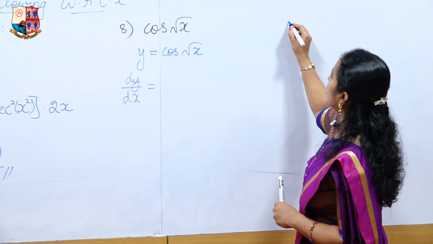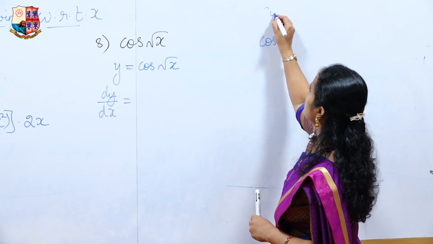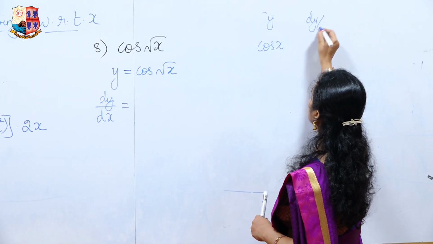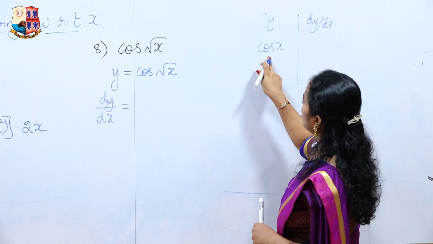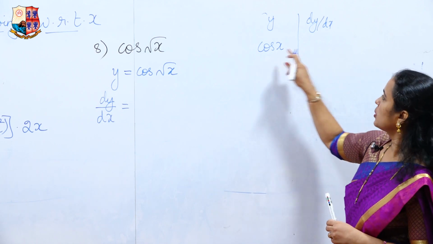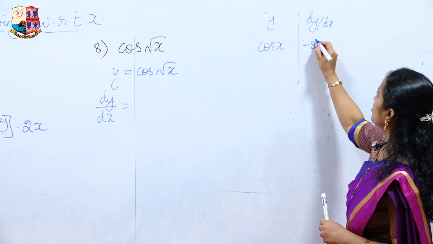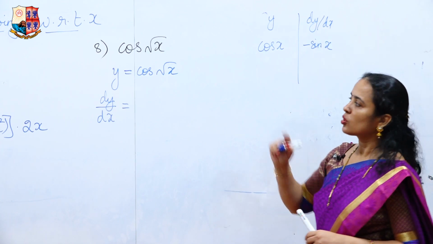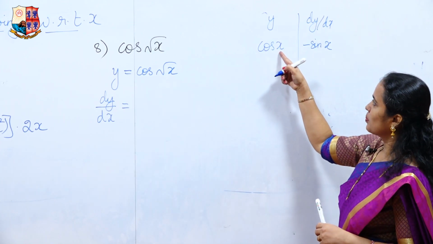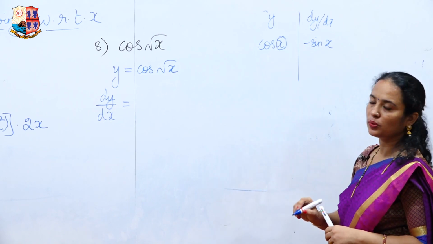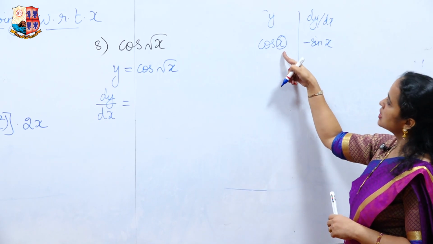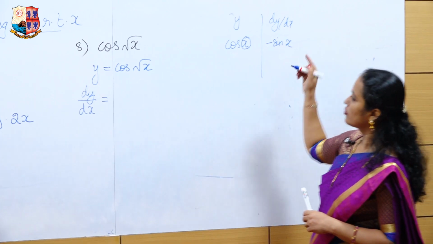Now, when you differentiate cos x, this is your y function, dy by dx function. Differentiate cos x, you will be getting, remember c function, negative, so minus sin x. So cos of root x, in the place of x you will write root x. So cos of root x will be minus sine of root x.